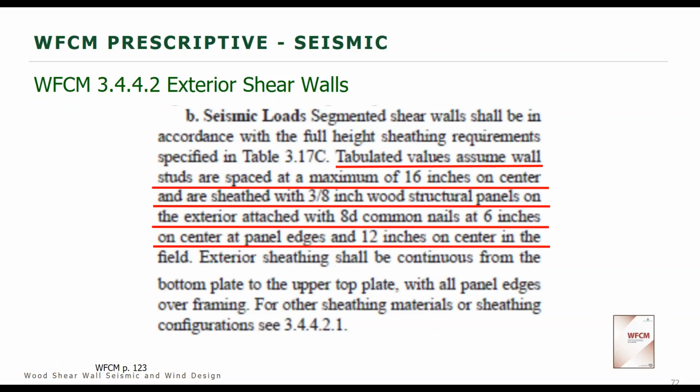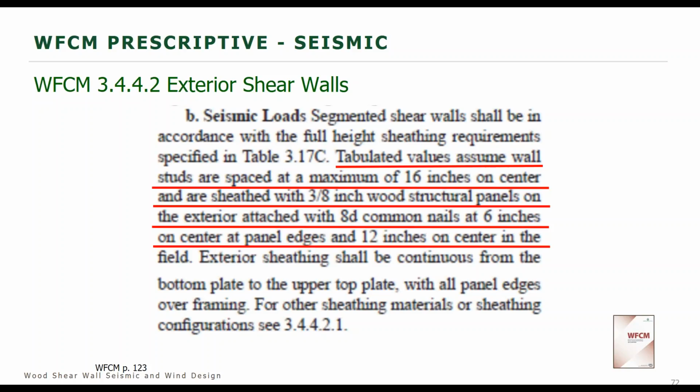Now, different from wind, which also included a minimum requirement of having gypsum on the interior face of that shear wall, we do not have that for seismic. We don't take into account that additional capacity, whatever that may be, in our seismic design. So again, the minimum is 16 inches on center stud spacing, 3/8 inch wood structural panel, 8-penny common nails at 6 inches on center and 12 inches on center in the field.